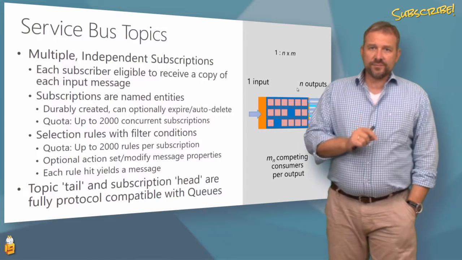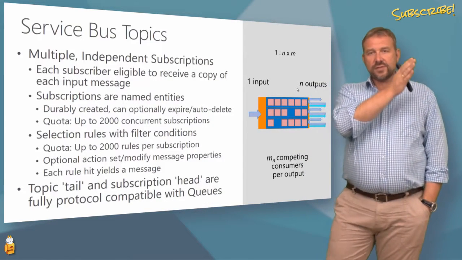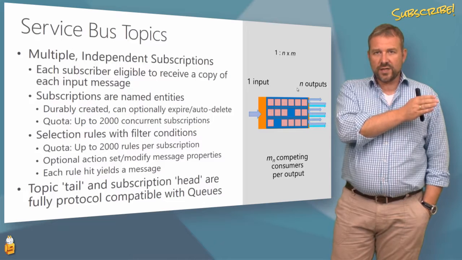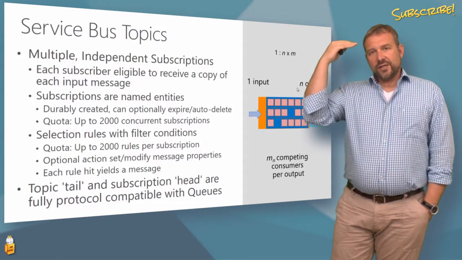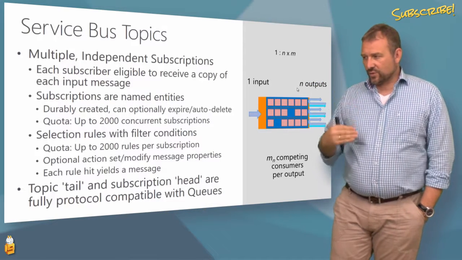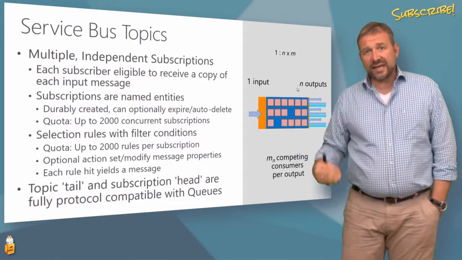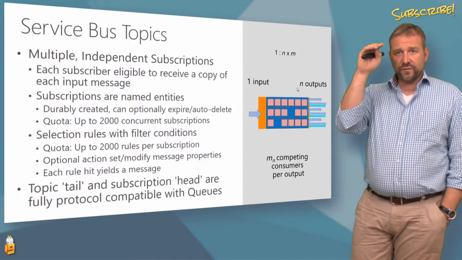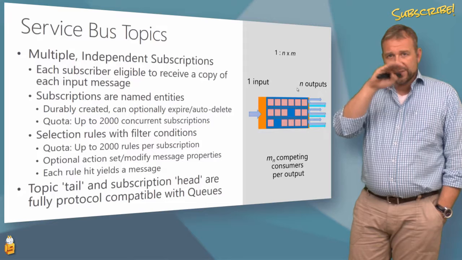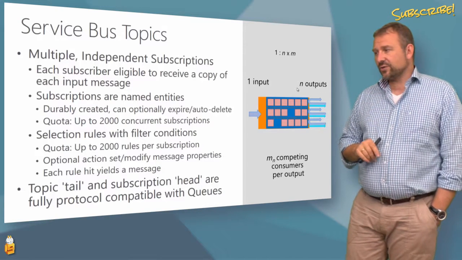Service Bus topics, as I said, a queue is one in, one out. Service Bus topics, one in, multiple outs. Each subscription that is durably created and named can have a copy of the message. There are filters through which you can decide whether a message goes into your topic.